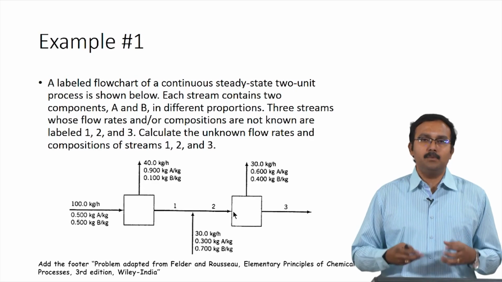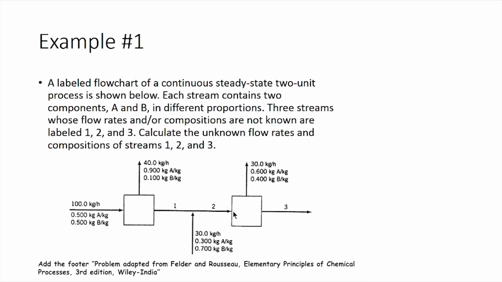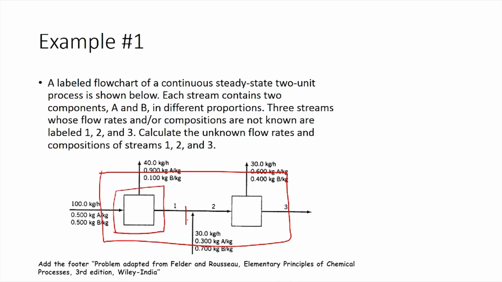Now, what are the systems which we can draw for this process? Just like how we saw in the previous illustration, we can draw the overall system which contains all the units which are present. So, unit 1, the mixing point, and unit 2, all of these together form the overall system, or you could consider only unit 1, only the mixing point and only unit 2.